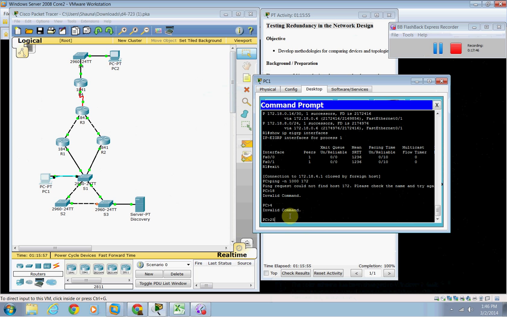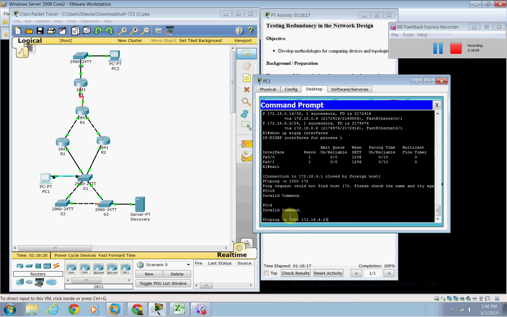I hate it when I do that. 172.18.4.25 to ping the discovery server through the switched network.